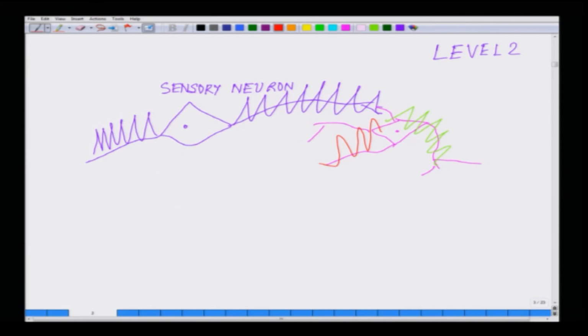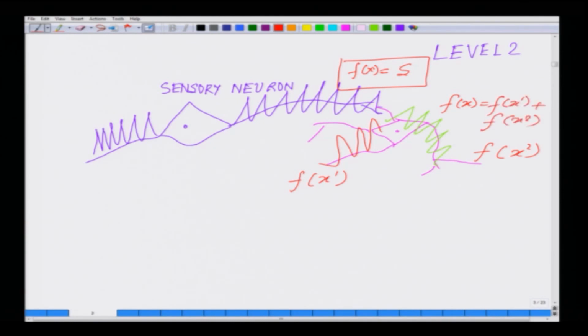If this signal I represent by some function, say f(x) equals s, then here we will have two signals, f(x1) and f(x2), or you can represent it in any way. Essentially signal s, so f(x) = f(x1) + f(x2).